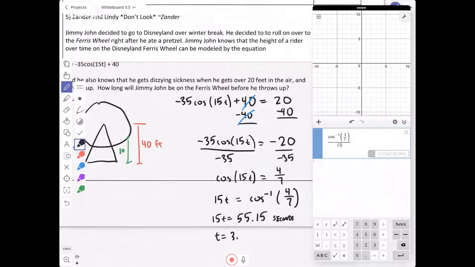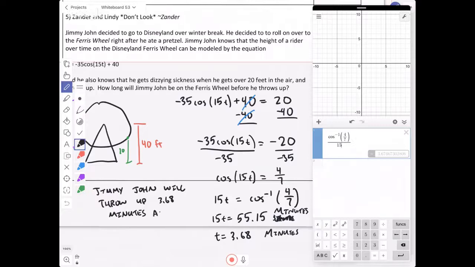T equals 3.68. Maybe that would make more sense in minutes, really. Let's try minutes. Okay. So, Jimmy John will throw up 3.68 minutes after the ride starts.